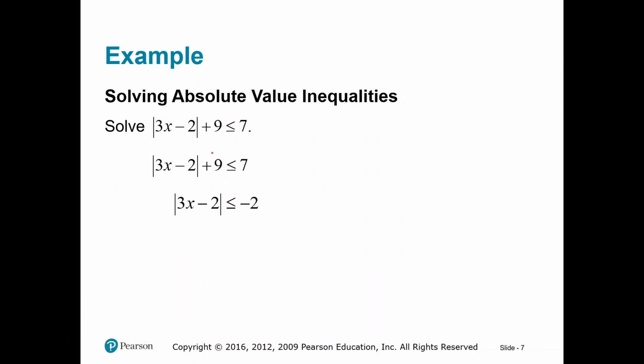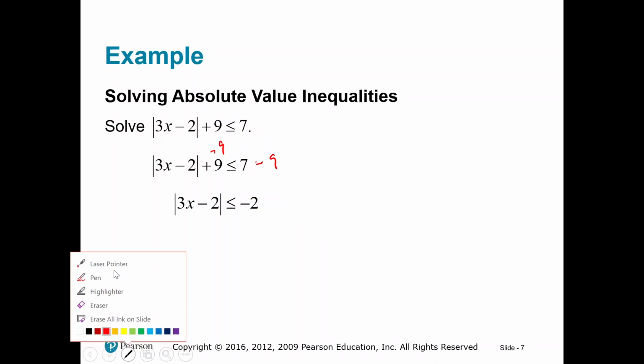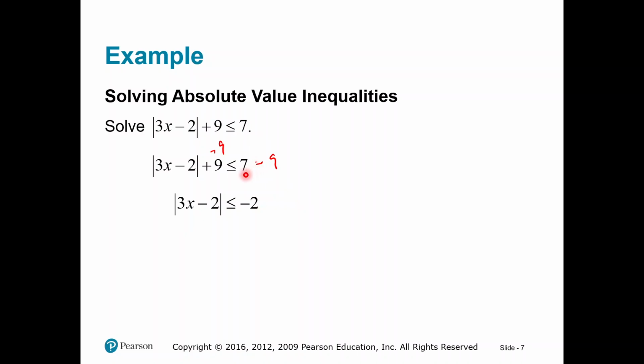Again, minus 9, minus 9. Now, 7 minus 9 is negative 2. And this one goes to 0.